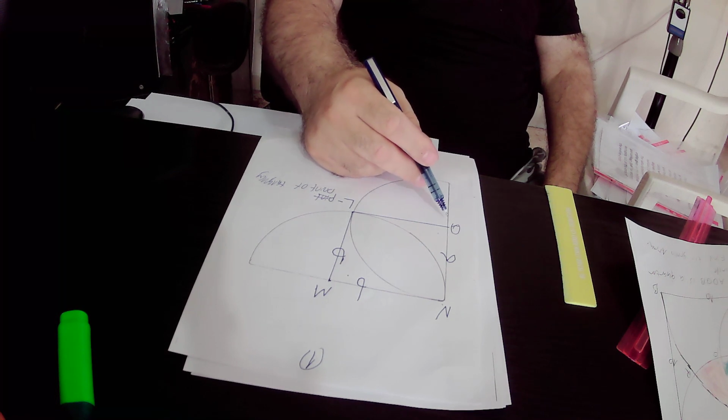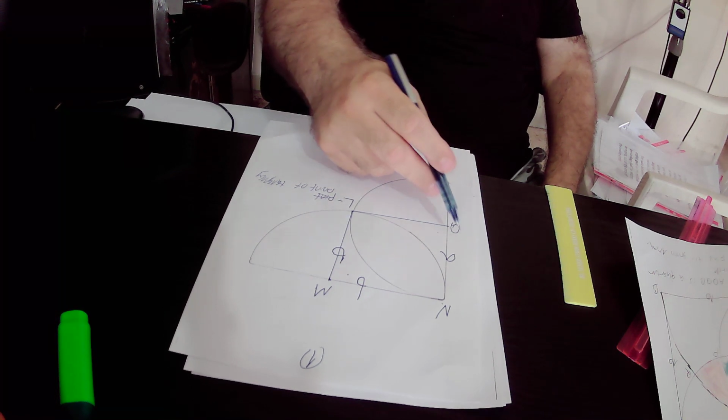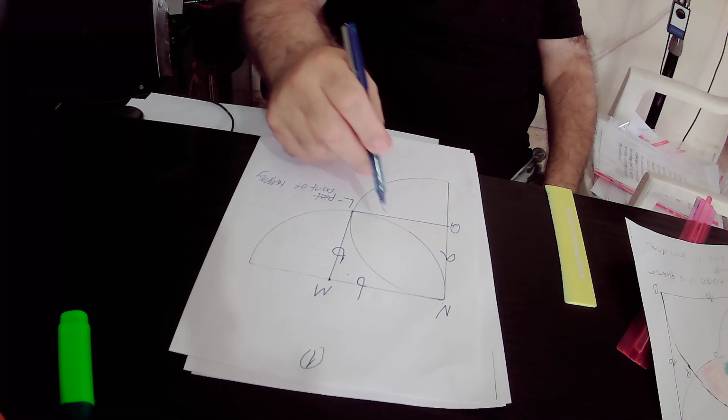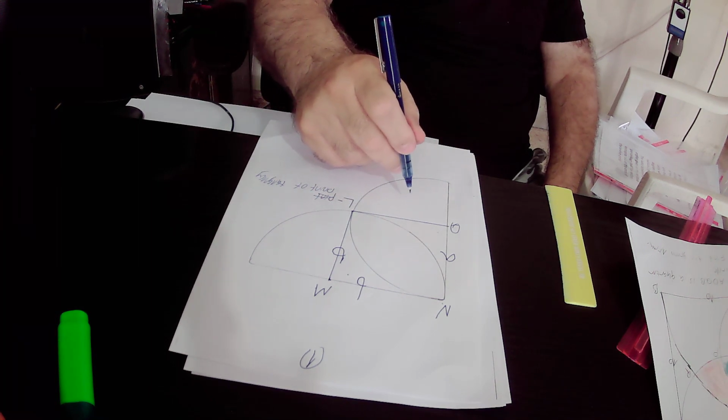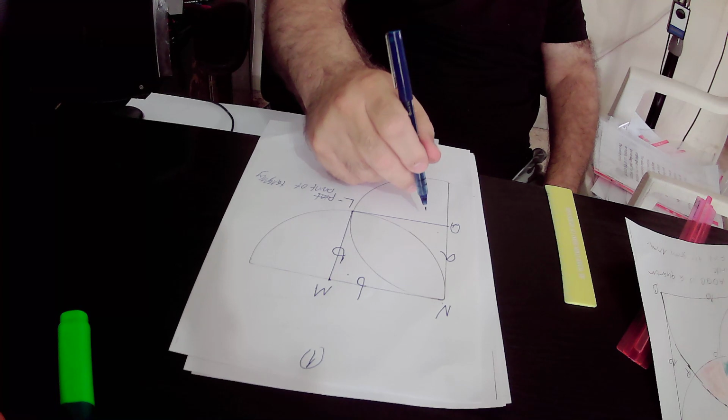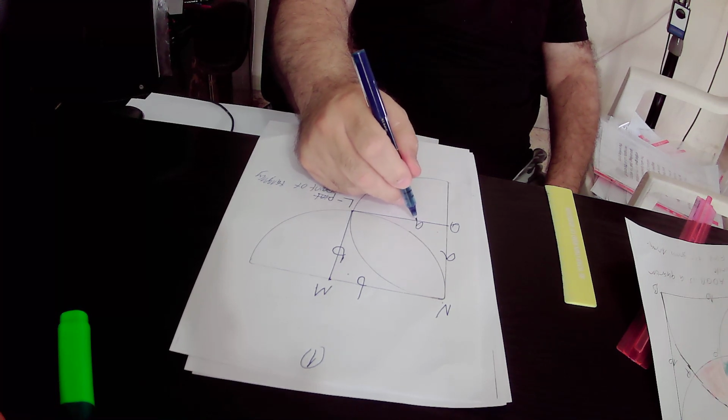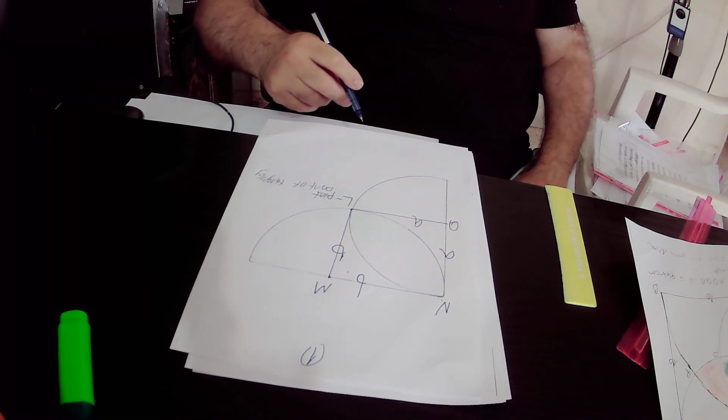Here, point O is the center of this semicircle. Point L is a point on this semicircle itself. That is to say, line segment OL is the radius of this semicircle, that is equal to A units in its length, according to our definition.